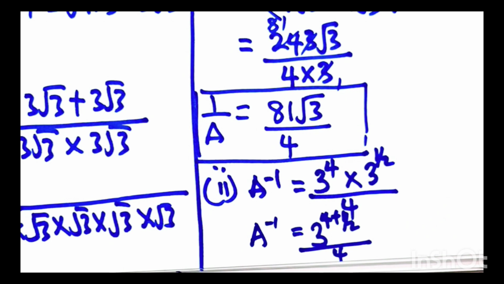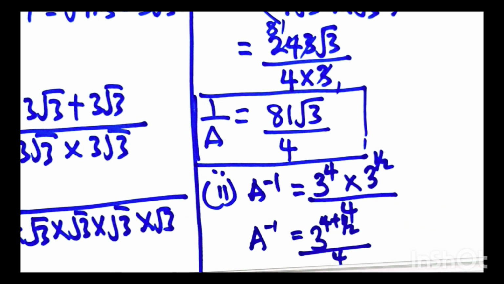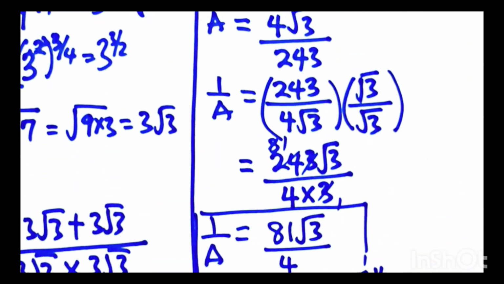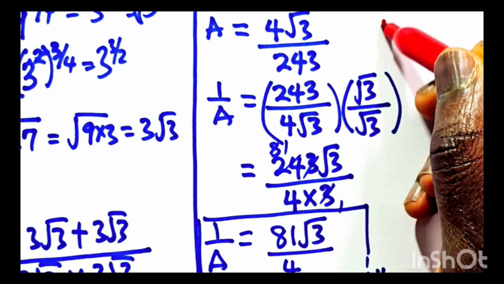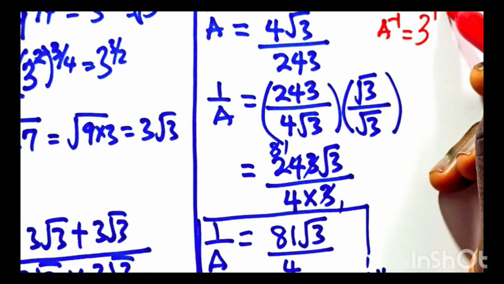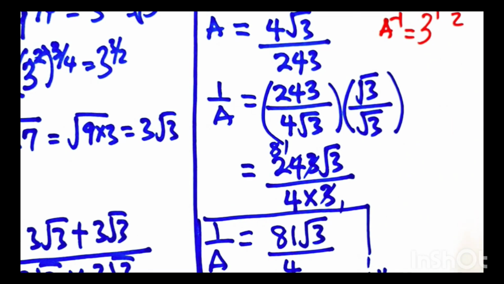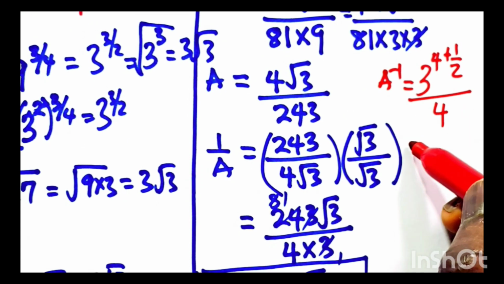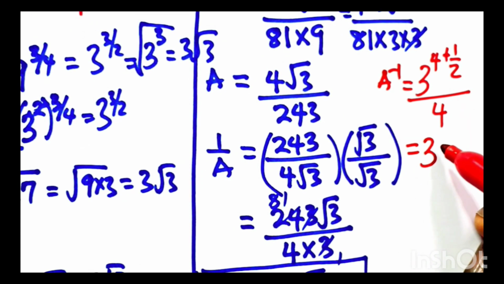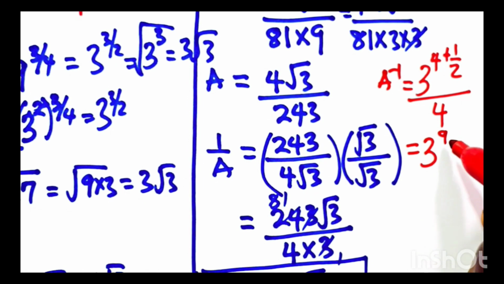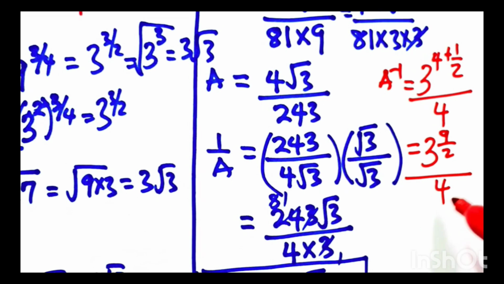So A inverse equals 3 raised to the power 4 plus 1 over 2, divided by 4. And if we find the LCM, I have 3 raised to the power 2 times 4, 8, plus 1, 9 over 2, divided by 4.